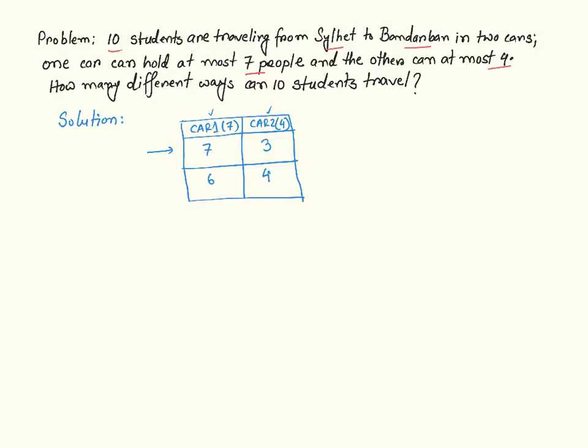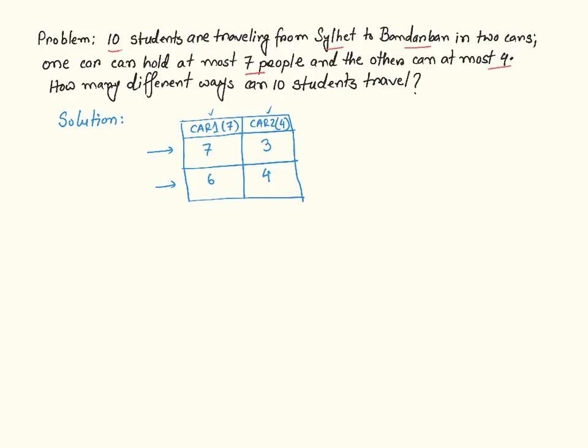Now, what if instead of 7, 6 people go into the first car? Then there will be 4 in the second. Can we have 5 people in the first car? Yes, we could, but in that case, there will be 5 people remaining, but the second car can only hold 4 people, so one person will be left out, so that can't happen. So these are the only 2 possibilities.